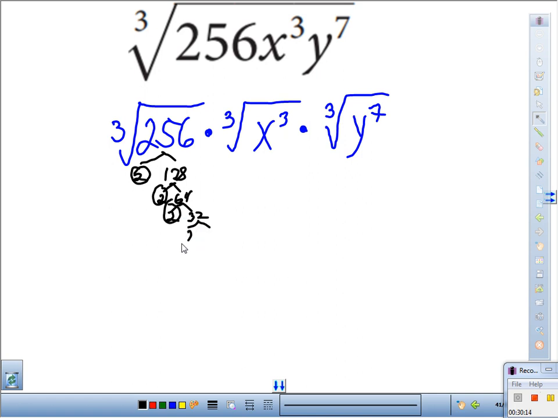Can we divide by 2? Yeah, that's 16. Divide by 2, yeah, that's 8. Divide by 2 and 4. 2 and 2. So let's see, how many 2's do we have? 1, 2, 3, 4, 5, 6, 7, 8. So we write it as cube root of 2 to the 8.